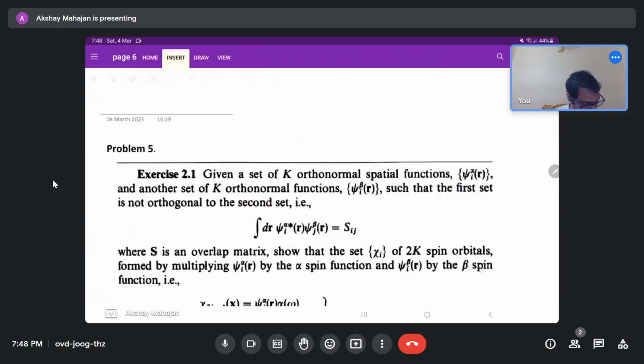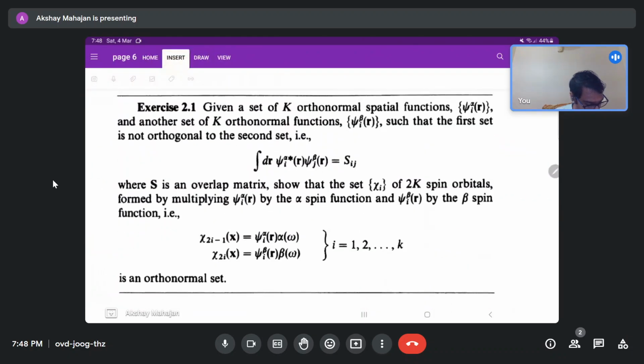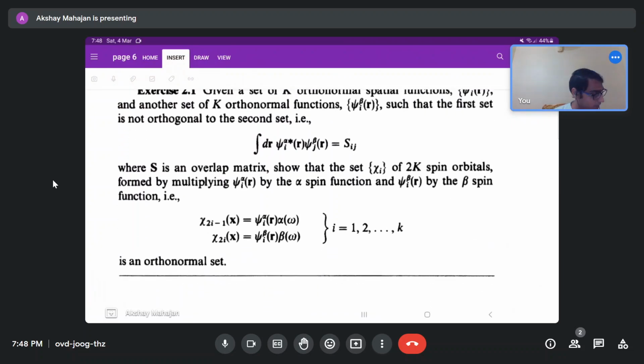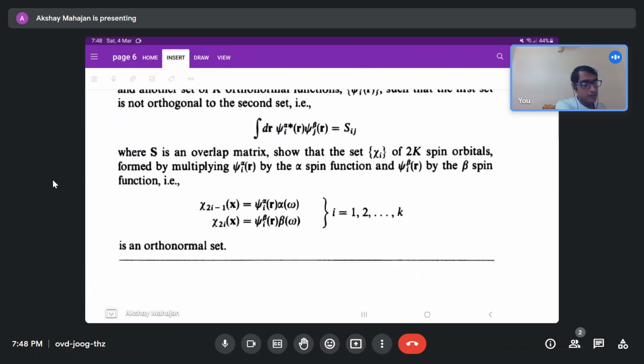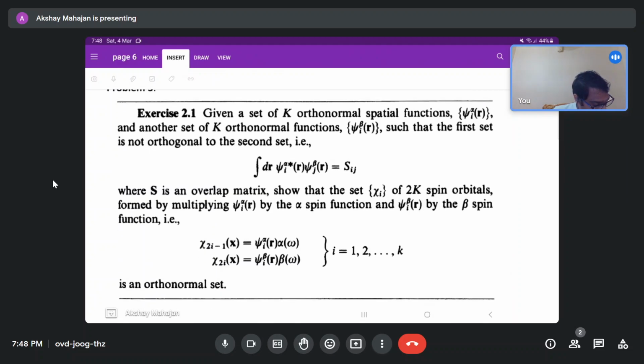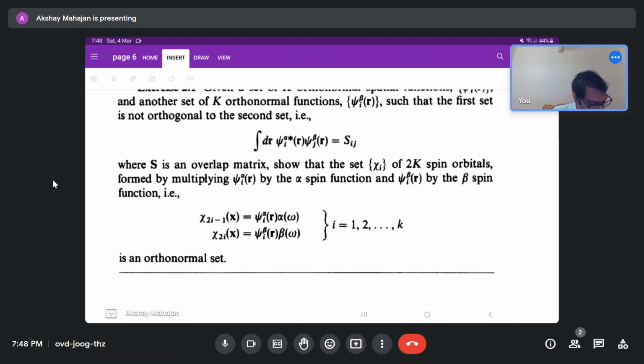Okay, so the next problem, this is problem number 5. Now what we have is, given a set of k orthonormal spatial functions and another set of k orthonormal functions, such that the first set is not orthogonal to the second.